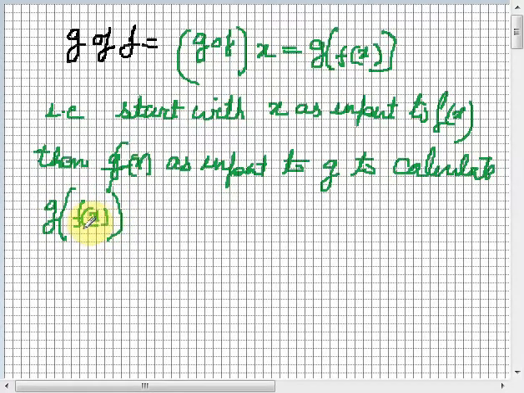It will improve our understanding of the inverse, which we'll define later.